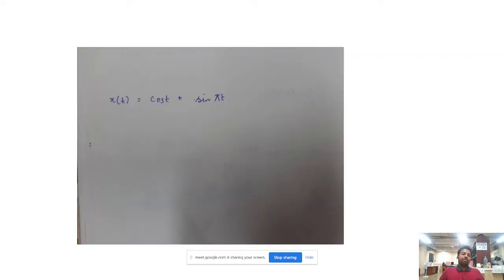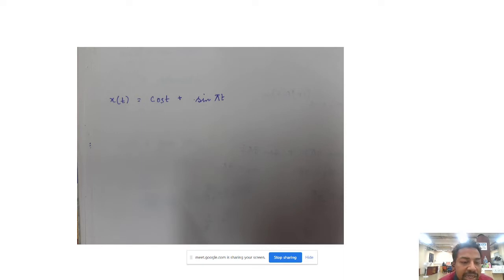So this is another problem. This is an assignment problem for you all. Let us consider a signal x(t) which is equal to cos t plus sin pi t. Now let me give you a hint.